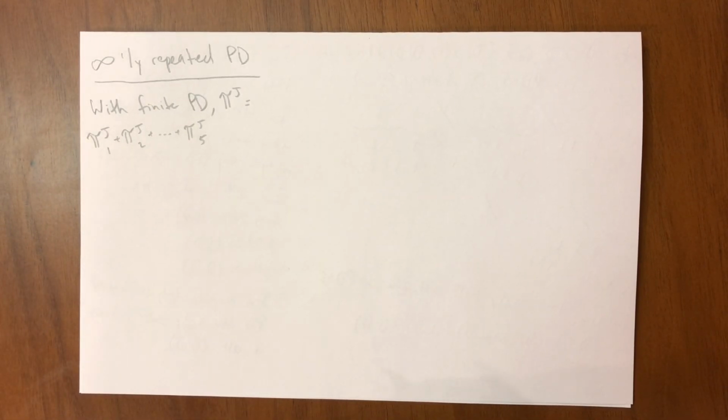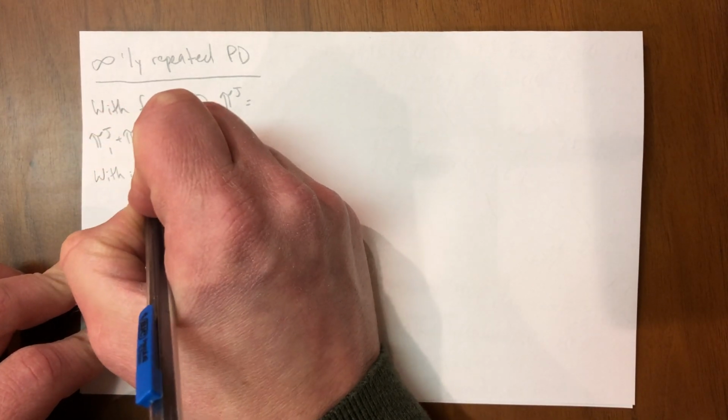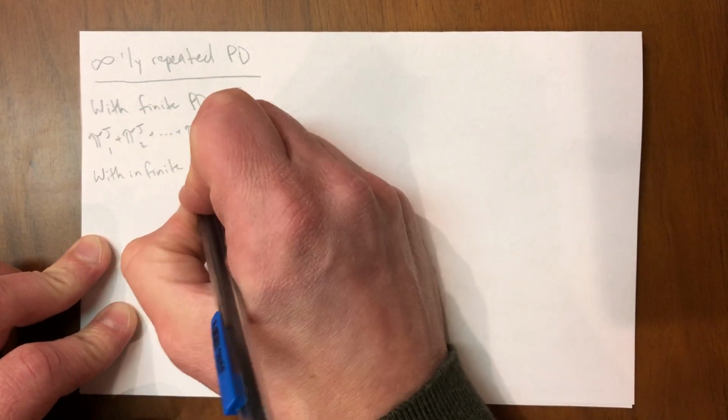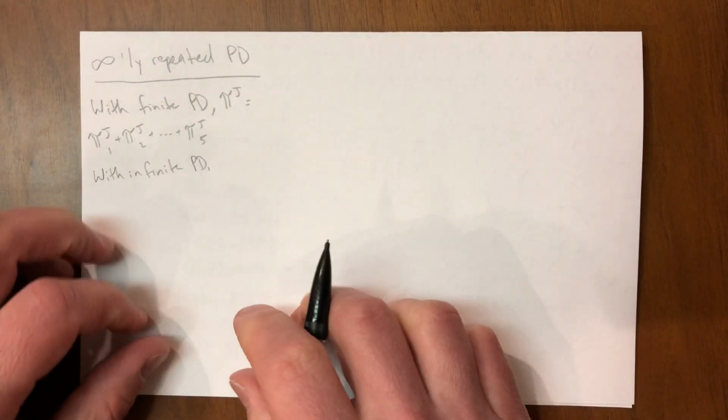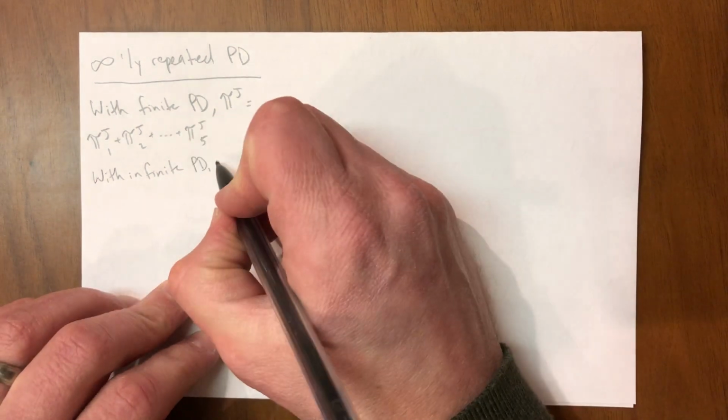Well, the problem with doing this with an infinite Prisoner's Dilemma is that you may hit infinity. And so that's not really what we want. Let me give you a flavor of why the math is going to break down if we try to do the same thing.